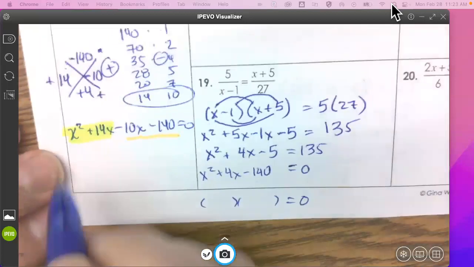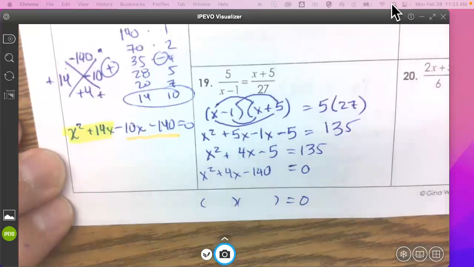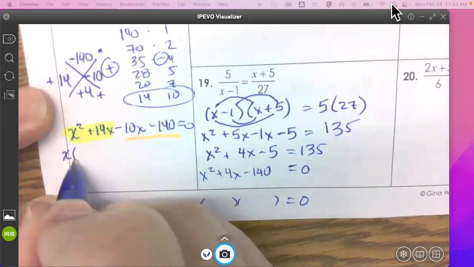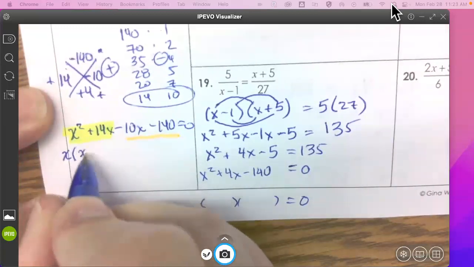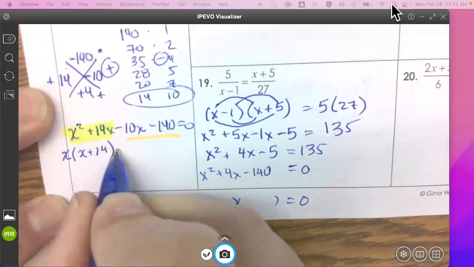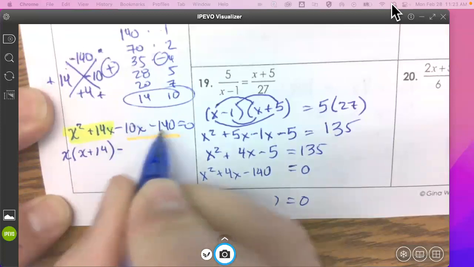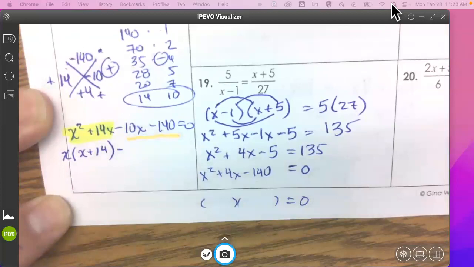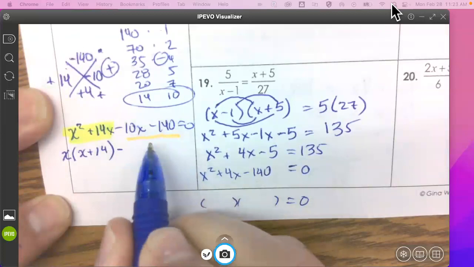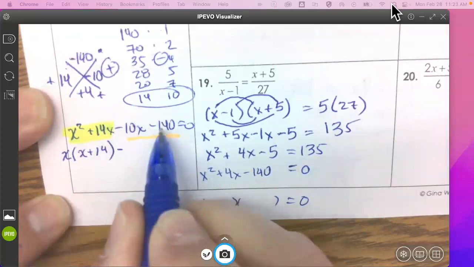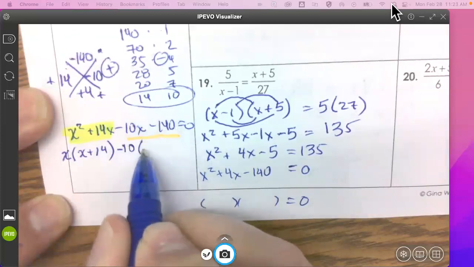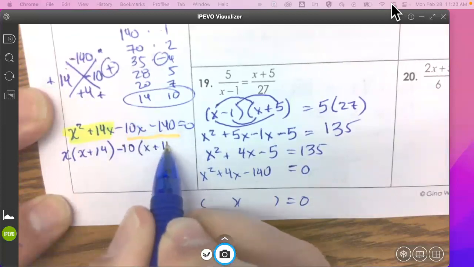So I'm going to take these first two terms, x squared plus 14x, and say what's common to both of them? X. So I'll pull that out. What I'm left with when I factor that out is x plus 14. Now I'm going to see what's common over here. What do you see common here? Right, I can factor out a 10, and because they both got a negative, I'm going to make it minus 10, and that's going to leave me x plus 14.